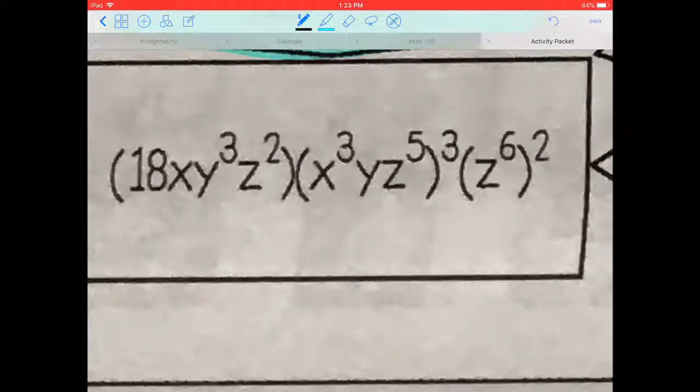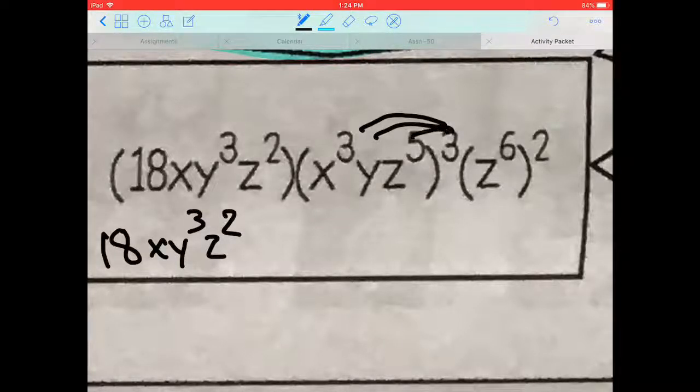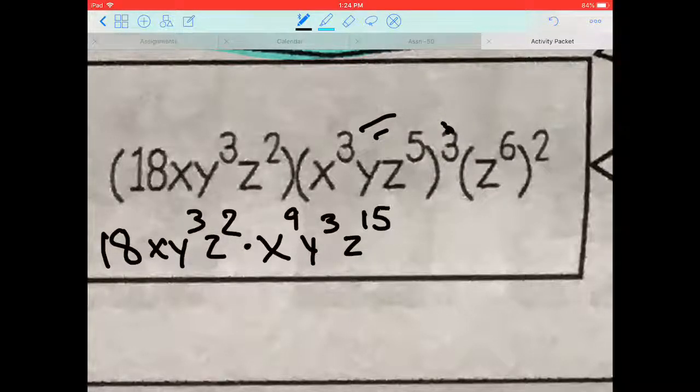Next one. This first parentheses, again, no exponent on the outside of it. So just rewrite it. 18x y cubed z squared. For here, I'm going to multiply all of the exponents. So times x to the 9th, y to the 3rd, z to the, was that a 5? I can't read it now. Yeah, 5. 15th.